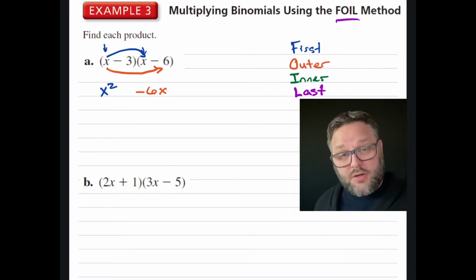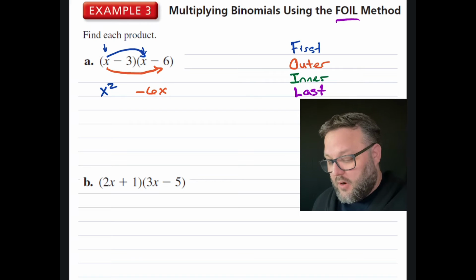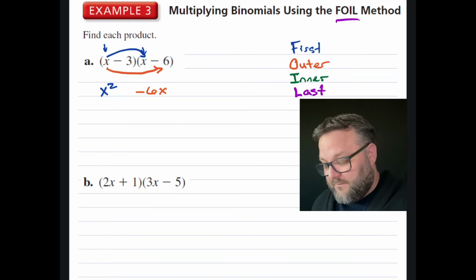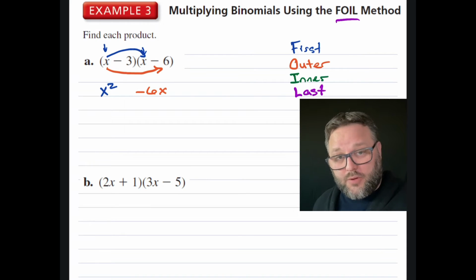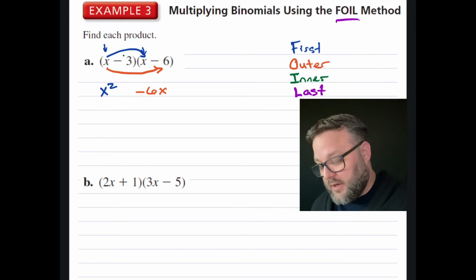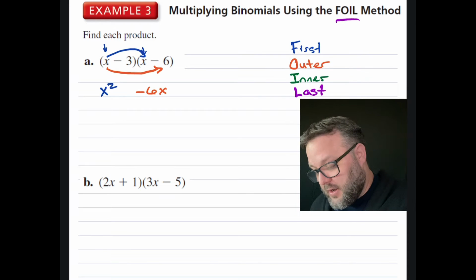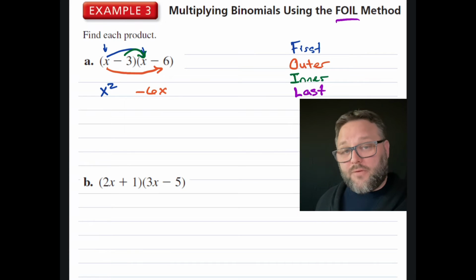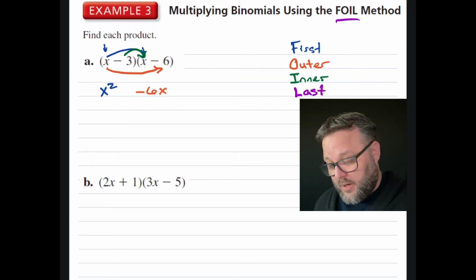All right, our inner term. Now, our inner term is the first group, second term. So that's our -3. So our -3 now gets multiplied by that same first term of the second group, to be -3x.